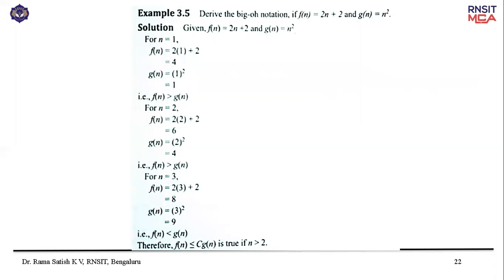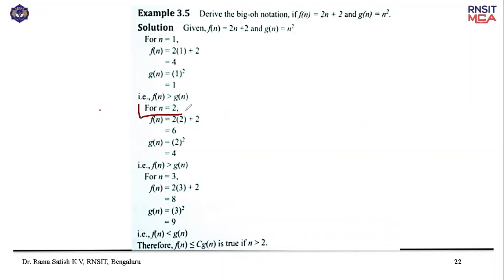If n is equal to 1, what happens? 2 into 1 plus 2 is 4. 1 square is nothing but 1. So 4 is less than 1 is false. That is, f of n is greater than g of n, which you are not supposed to prove. Now you take n is equal to 2.